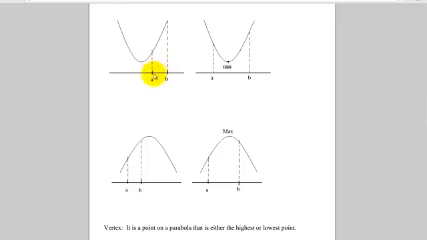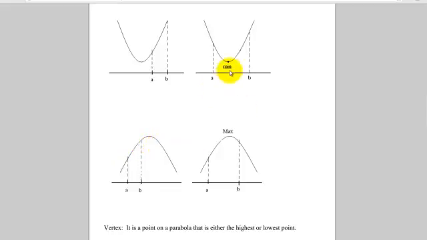So, for example, this one, between A and B, notice that the vertex is not in here, which means it acts more like that straight line where the max would be at one point and the minimum would be at the other. And same here, if the parabola opened down, but the interval did not contain the vertex, then the left-hand point here would be the min, and the right-hand point here would be the max.